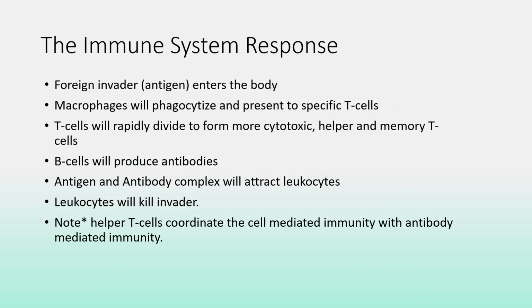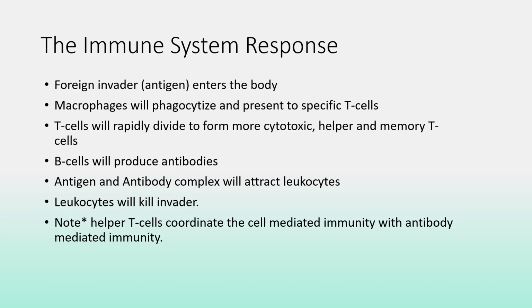Now, how does our immune system work? Well, whenever we have a foreign invader or an antigen entering the body, we'll have macrophages, which will phagocytize. That key word, phagocytize, literally means to engulf, to eat. So they're going to engulf the antigen or invader, and present it to specific T cells.